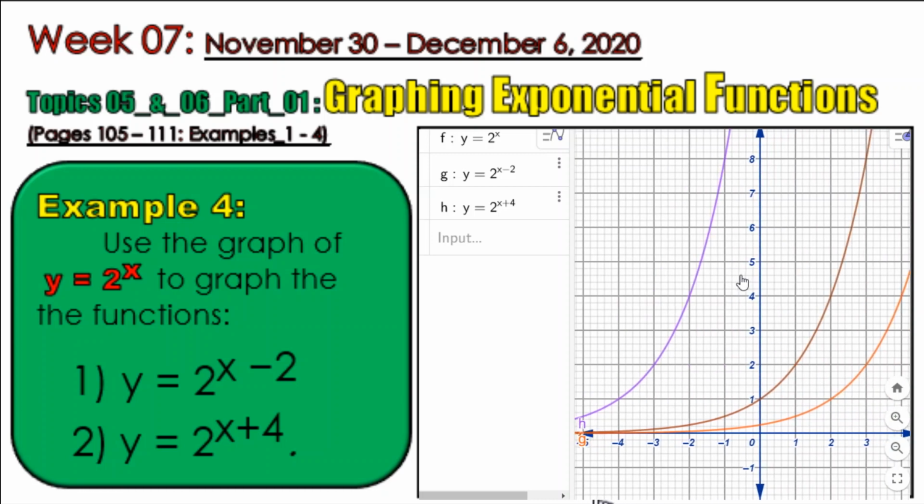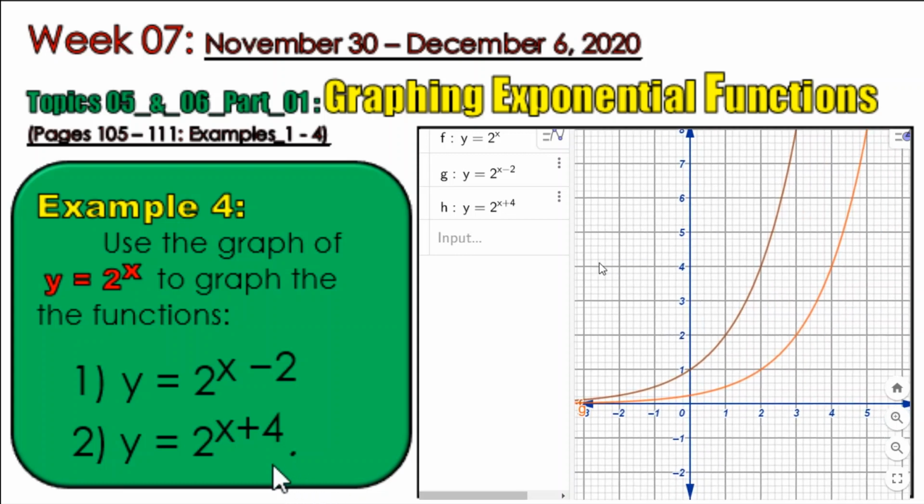I would like you to take a look at these 2 graphs. Your x is being subtracted by 2 for the first pair. So what happens to your graph from 2 raised to x to 2 raised to x minus 2?